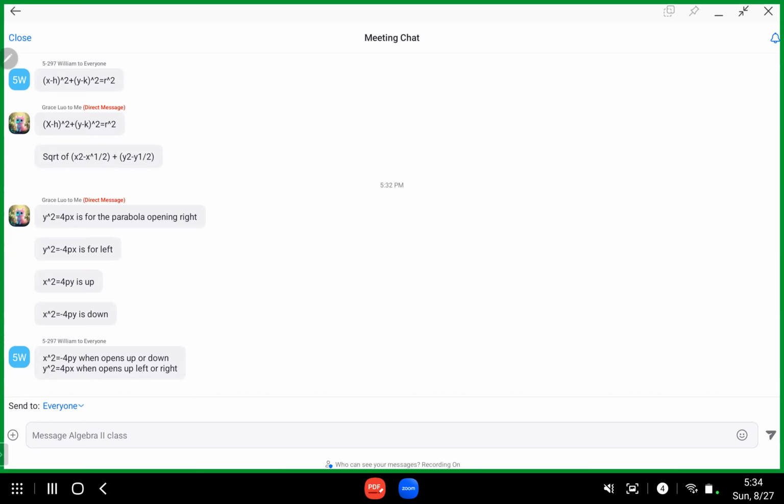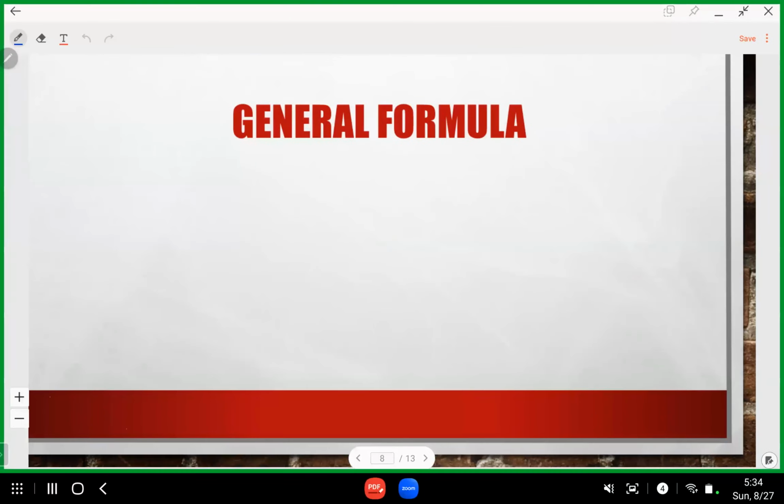Okay, so let's do this. Of course, we have 4 situations, right? When it opens up, when it opens down, opens right, or opens left. So here's all the graphs.